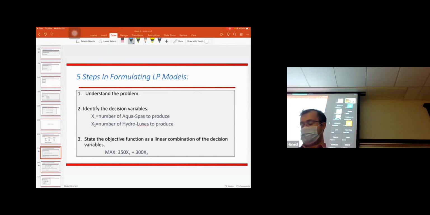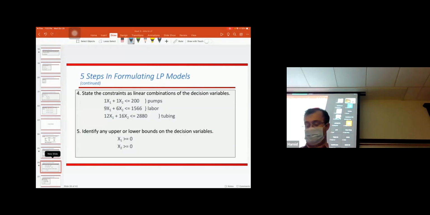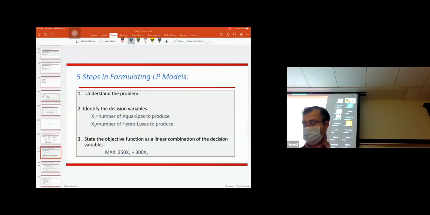What about the number of Hydroluxes to produce? Your profit is 300. Let's say if you make 10, you make $3,000. So the last one is my objective function. Based on the decisions that I make about my decision variables, I end up having different profits.